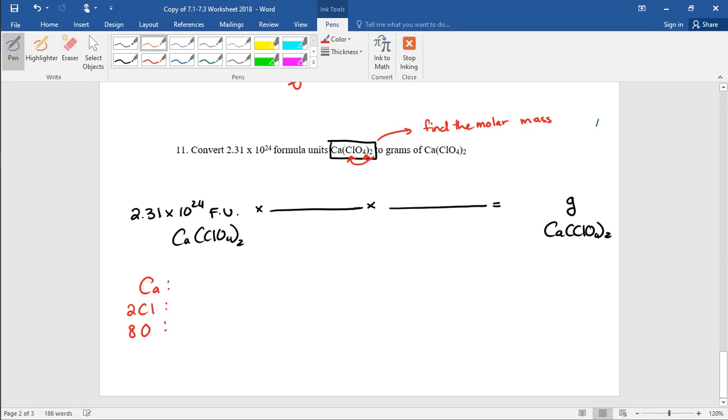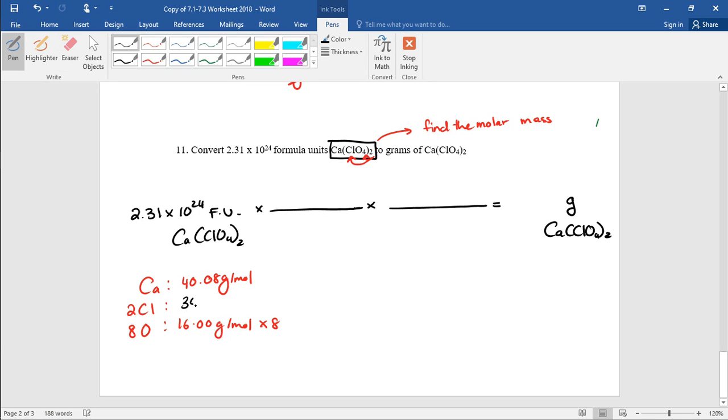Okay, so calcium is 40.08 from your periodic table, grams per mole. Then 2 chlorines is 70.90 grams per mole because it's 35.45 times 2. Okay, and then 8 oxygens is going to be 16 grams per mole times 8. Actually, let me do that here as well.